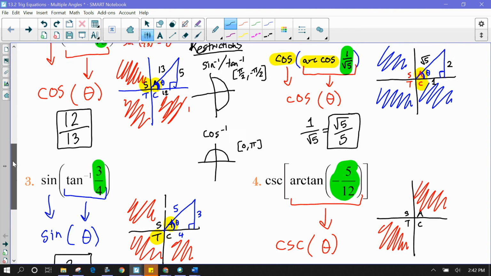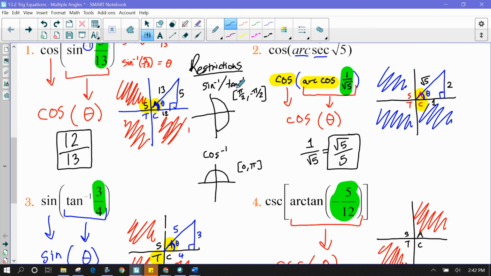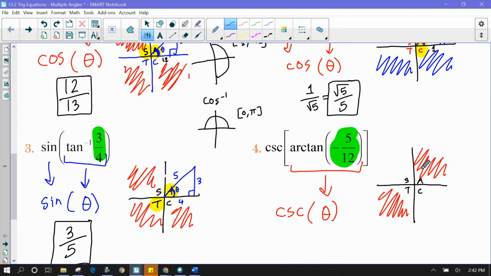And then lastly, I look at my restrictions for the inverse tangent function, and I'm only allowed to look in the first and the fourth quadrant. Since the first one's already crossed out, I know that I'm creating a triangle in the fourth quadrant. I'm not using the second one. So I can begin labeling the triangle. Tangent is opposite over adjacent, so the opposite side is 5, and the adjacent side is 12.